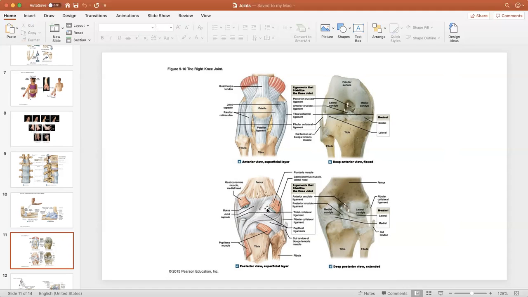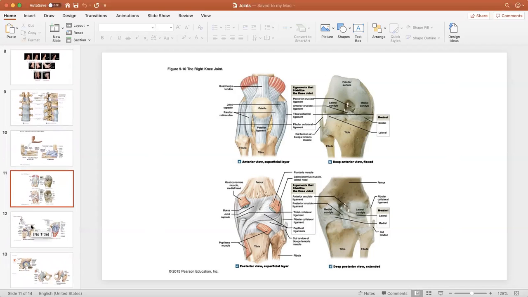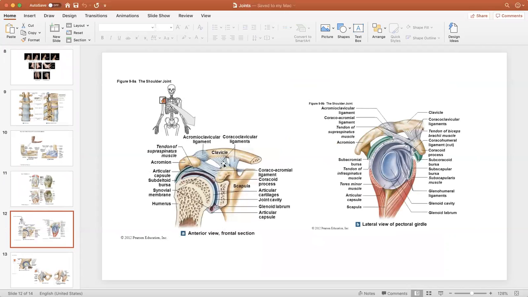And then in the back, you have popliteal ligaments and that's basically all you need to know. Popliteal ligament in the back, and then the internal ones there. Okay. So that's the knee joint, so just know some of those, whatever's labeled on that. Those little boxes, that's fine.